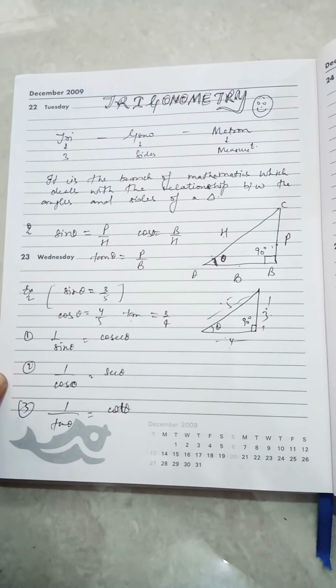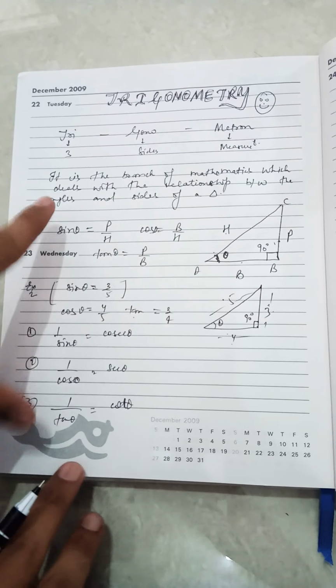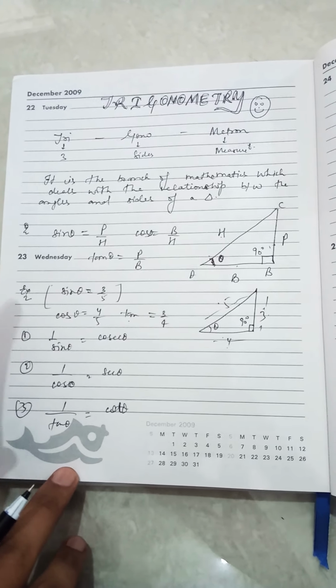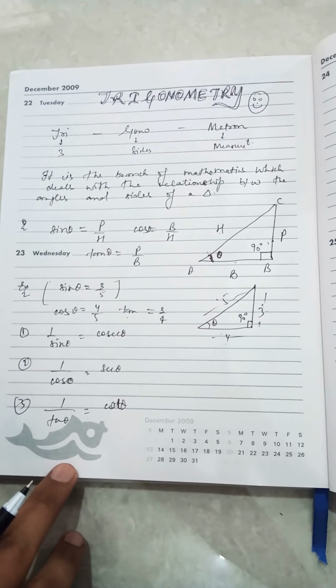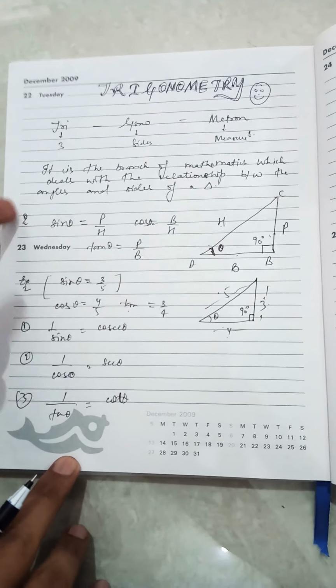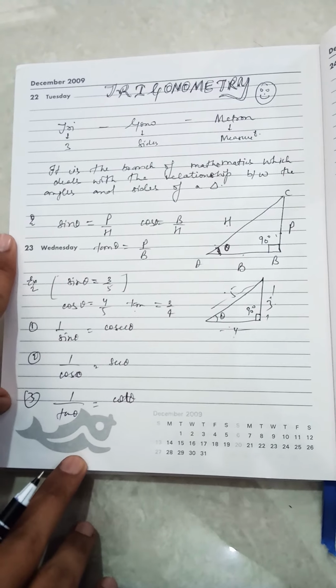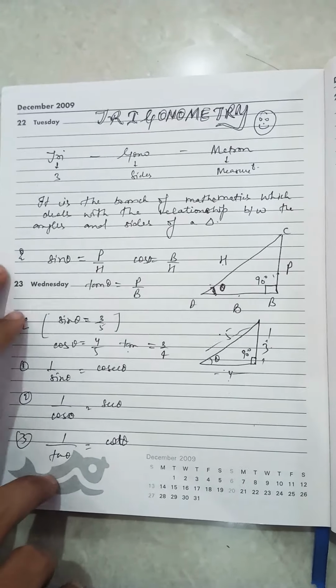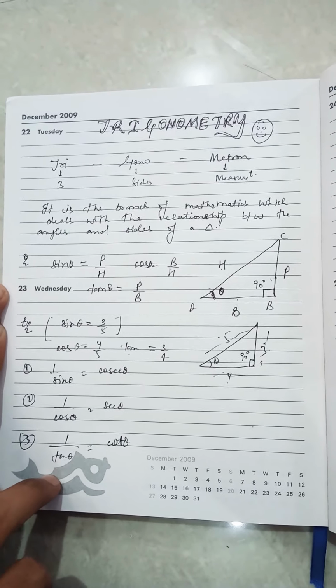These are a total of 6 mathematical terms related to trigonometry, and they also have special ratios at particular angles. So guys, it was the introduction to trigonometry.